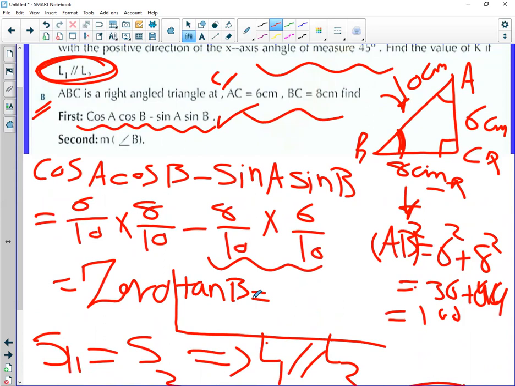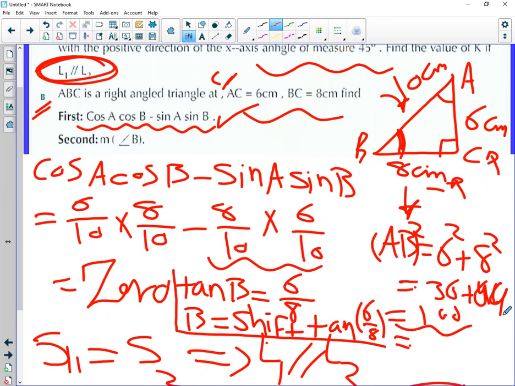Opposite over adjacent, it means 6 over 8. Then the measure of angle B equals shift tan 6 over 8. Then the result is 36 degrees.